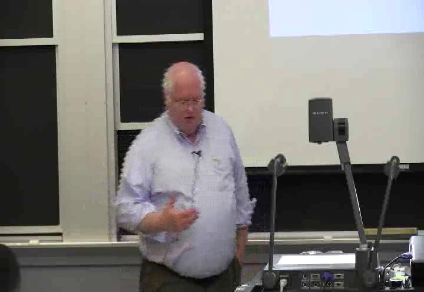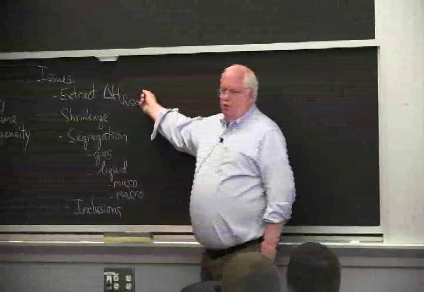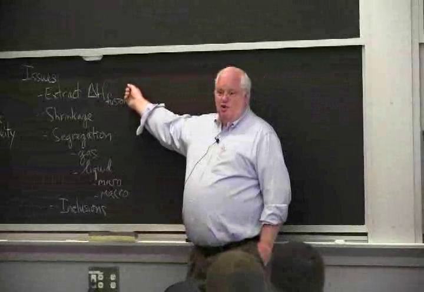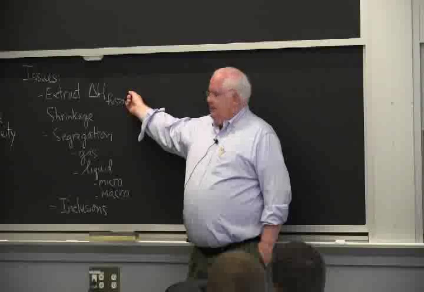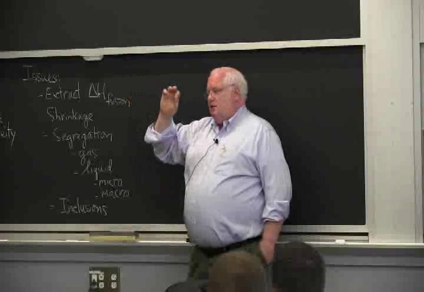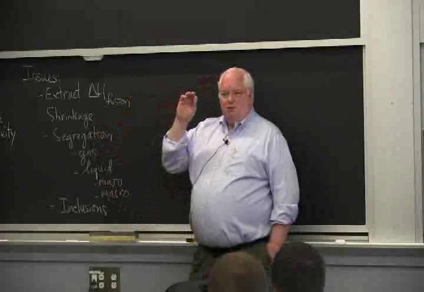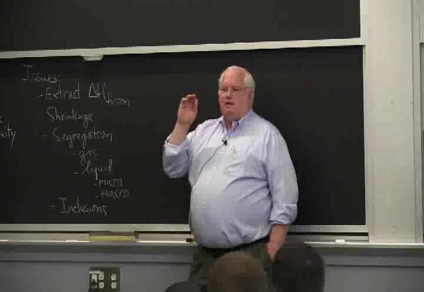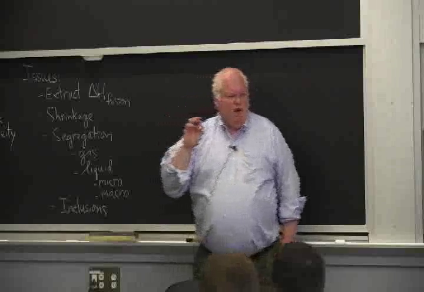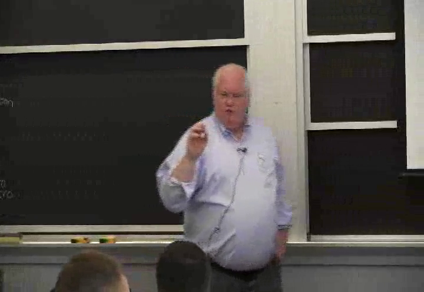The other thing about casting is if you're extracting the heat of fusion, we talked about as you get to larger sizes, much more than a foot in diameter, you're talking about hours to extract the heat. Now, we'll talk about it a little bit later as we get down to structure and homogeneity, sometimes we like to cast things very thin, and I used to have some rapidly solidified amorphous metal.